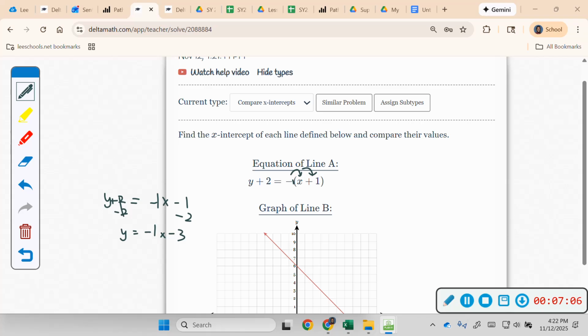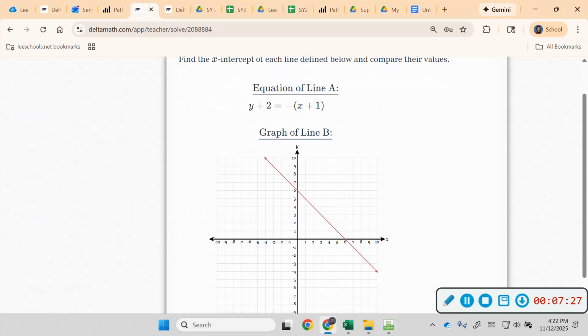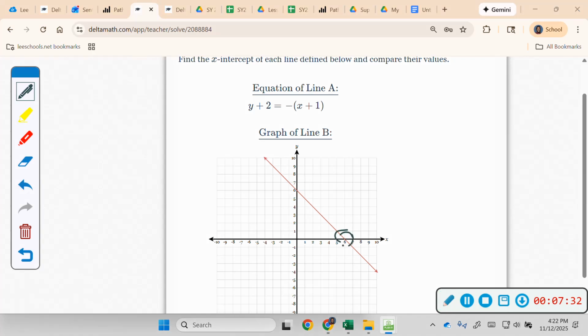The x-intercept is when the y value is 0, so 0 equals negative 1x minus 3. Add 3, so I have negative 1x equals 3. Now I divide by negative 1, so x is negative 3. The x-intercept for the graph is where it intersects the x-axis, which is right here at 6.